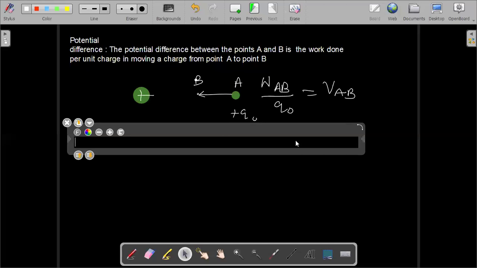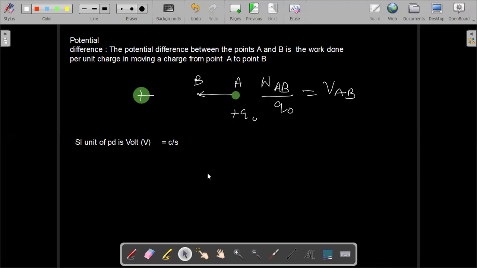The SI unit of electric potential, or potential difference, is volt, written as V. Understood this?